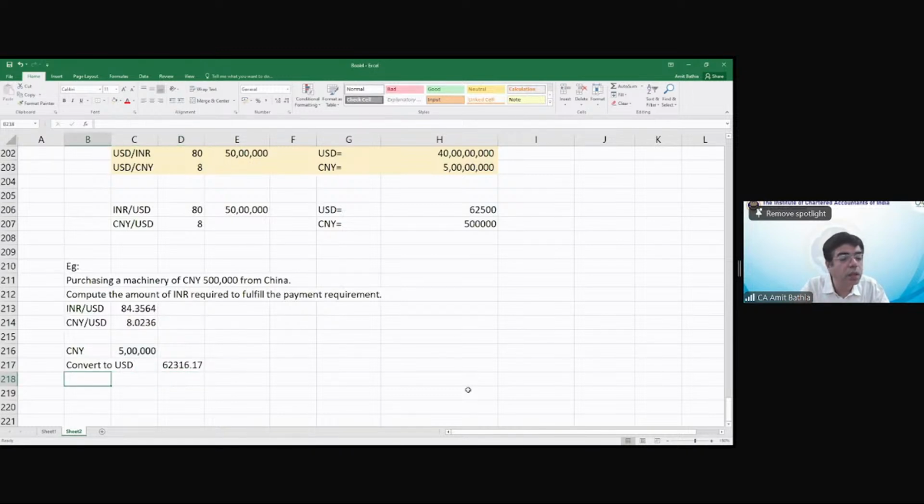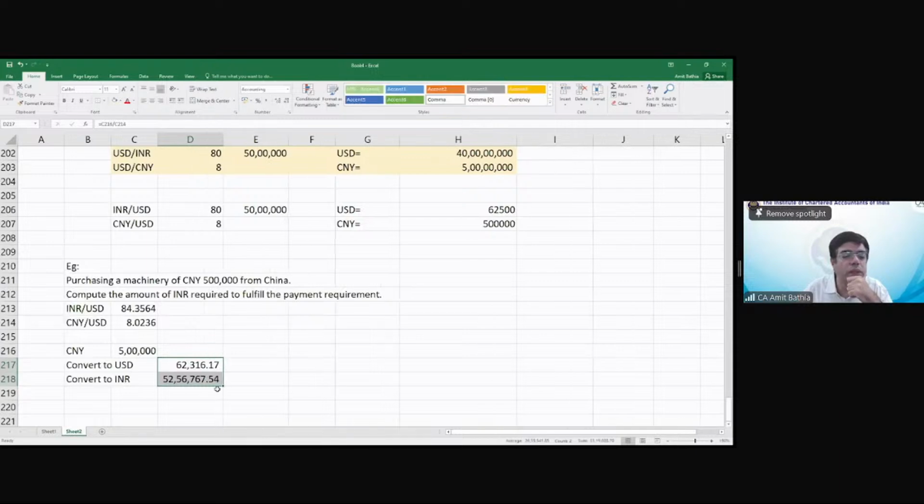Okay. Now I have got USD. So convert to INR. Multiply. So I am going to do multiplication, very good, into 4.3564. So I get this.